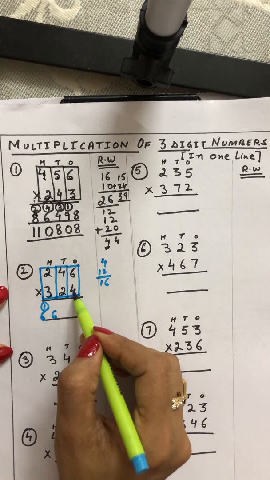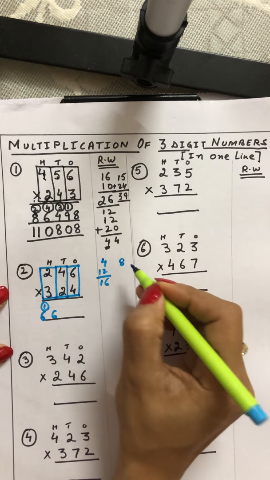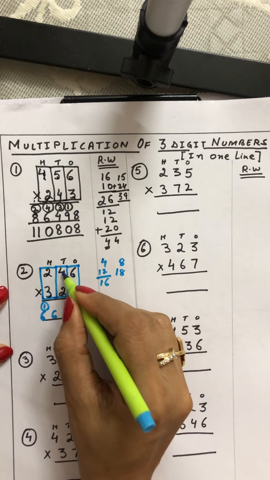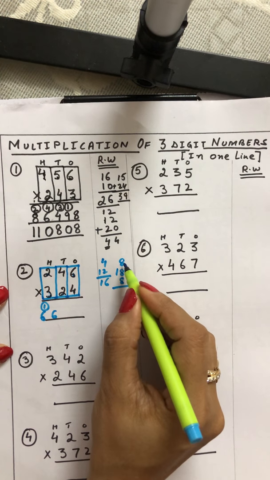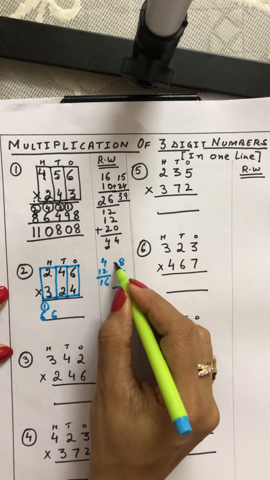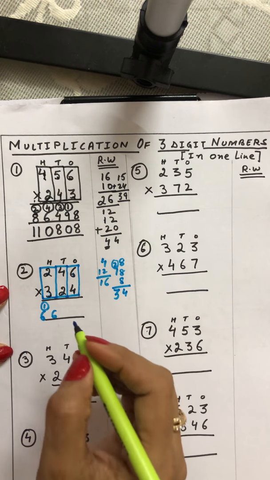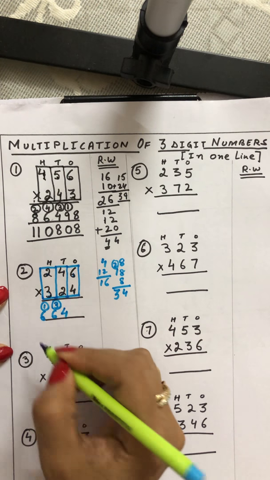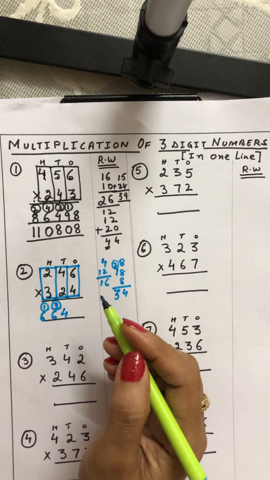So the corner digits will be multiplied as cross. 2 4s are 8, 6 3s are 18, 4 2s are 8. What do I get? 8 plus 8 16, 16 plus 8 24, 4, 2 carried over, 2 plus 1 3. I get 34. 4 will be written here and 3 will be carried over on the previous digit. Now I have covered all the 3 columns.